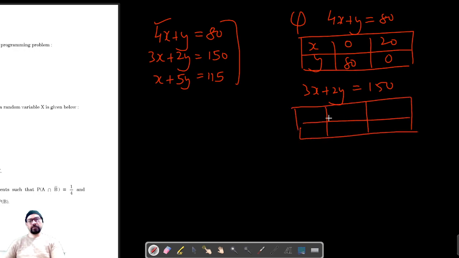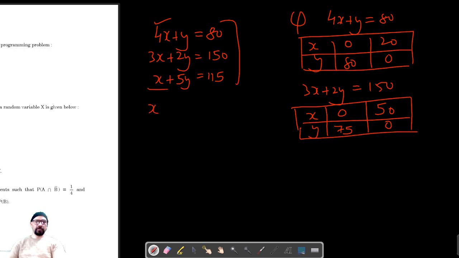So x is equal to 0 gives y is equal to 75, and y is equal to 0 gives x equal to 50.